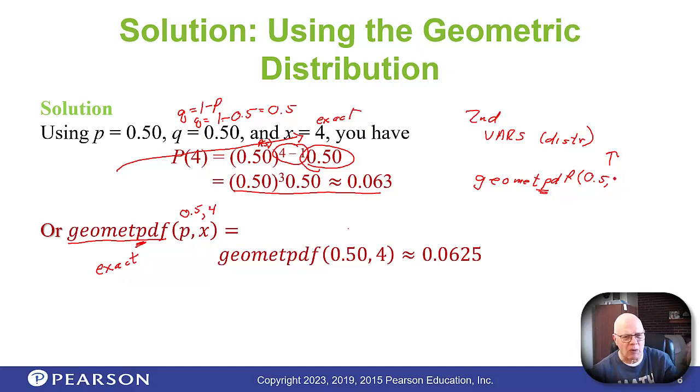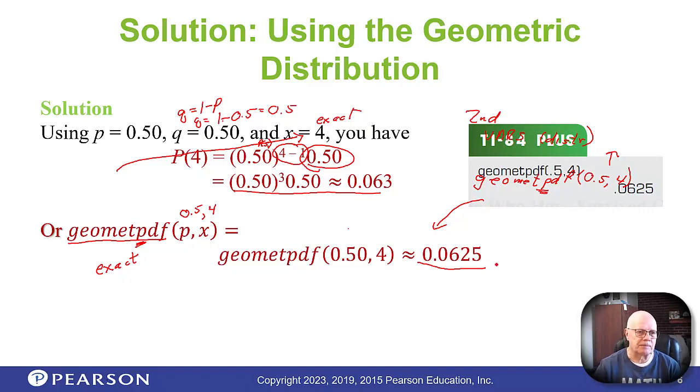It sounds sort of backwards, but I hope you get what I mean. And X, we want it to happen on the fourth try. So your calculator should look like this when you hit enter, and there is your probability that the first business failure is on the fourth business that you select.